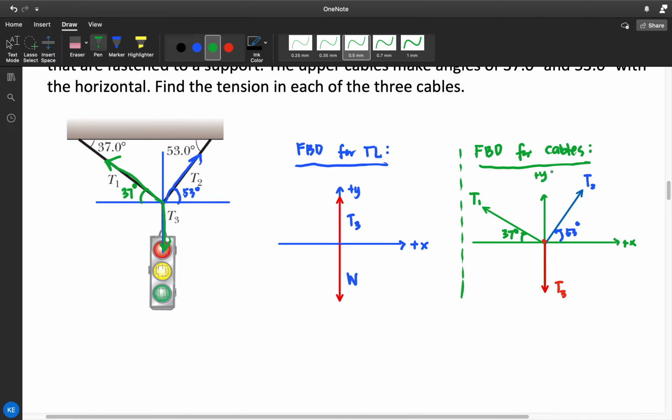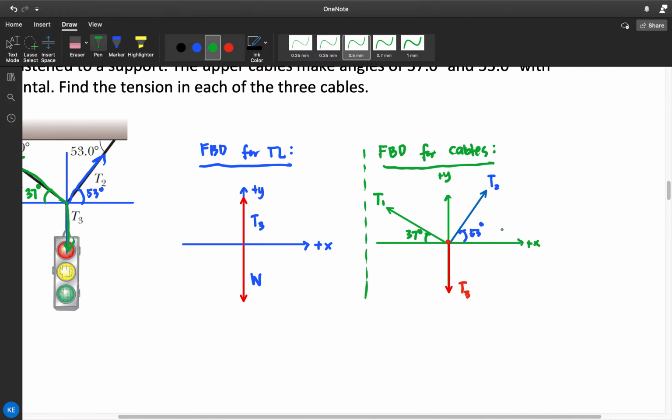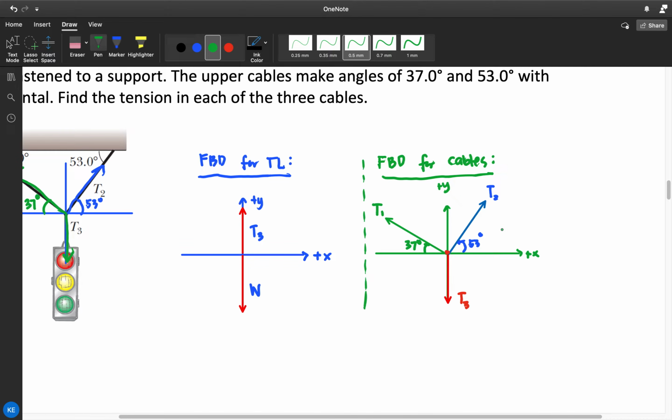If you'll notice from your first free body diagram, all of the forces are lying along the y-axis. But in your second free body diagram, T1 and T2 are in the second and first quadrants. So we need to look for the components first before we add all the forces.